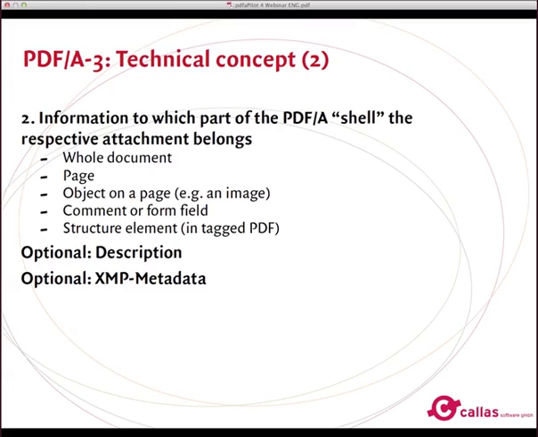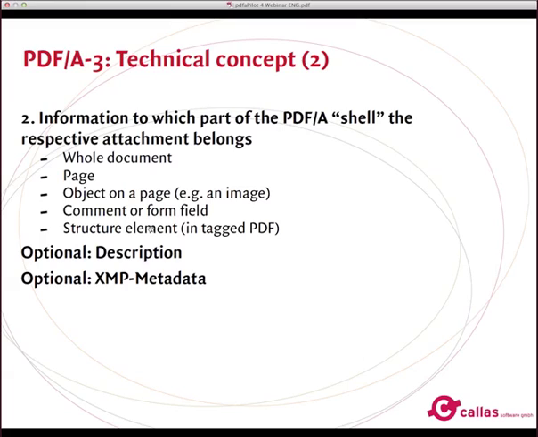So in addition to that, it is required that there is an indication in the PDFA file to which part of it the embedded file belongs. So whether it belongs to the whole document, and then there needs to be an entry on the document level, or to a certain page, to an object on a page, so for instance an image, to a comment, to a form field, or to a structure element.